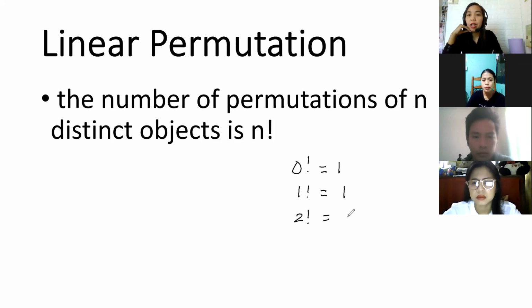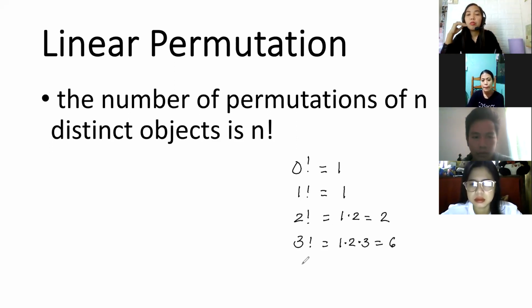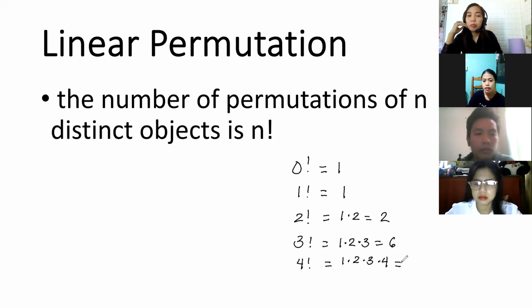So 2 factorial means 1 times 2, which is equal to 2. 3 factorial means 1 times 2 times 3, which is equal to 6. 4 factorial means 1 times 2 times 3 times 4, which is equal to 24.